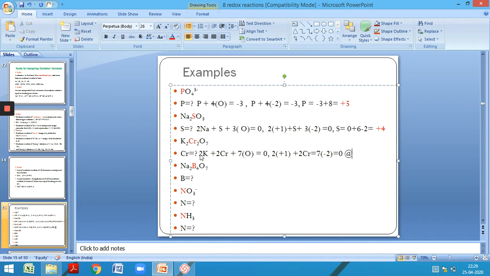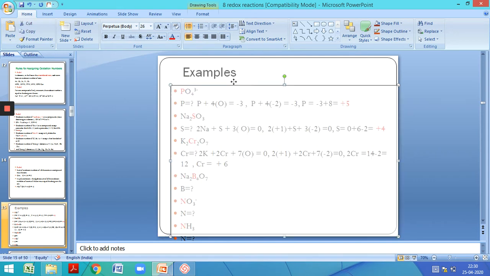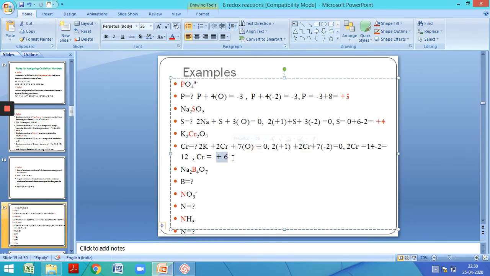So 2 chromium atoms have an oxidation number of 14 minus 2, which is equal to 12, and for each chromium the oxidation number is going to be plus 6. So the oxidation number of chromium in potassium dichromate is equal to plus 6.